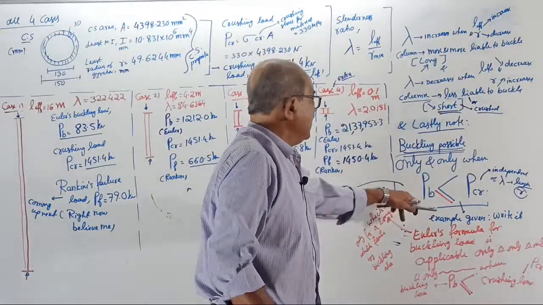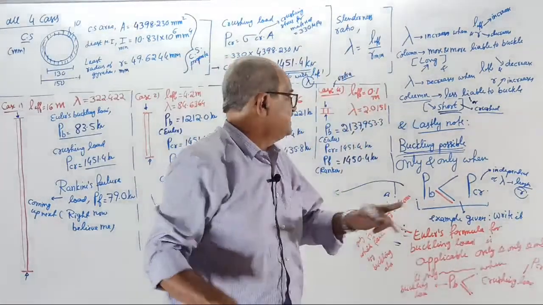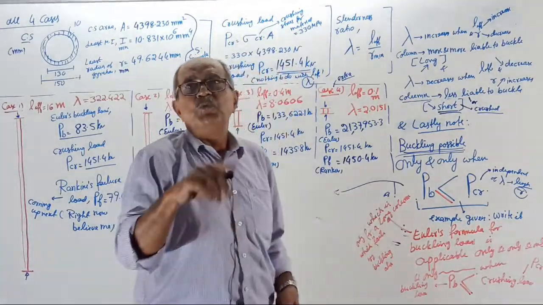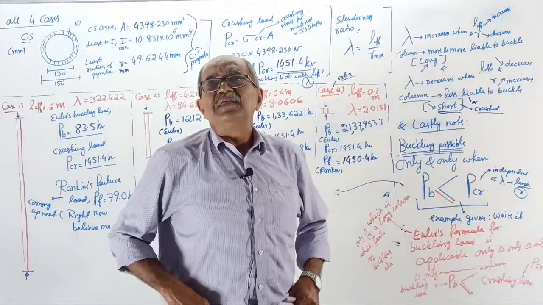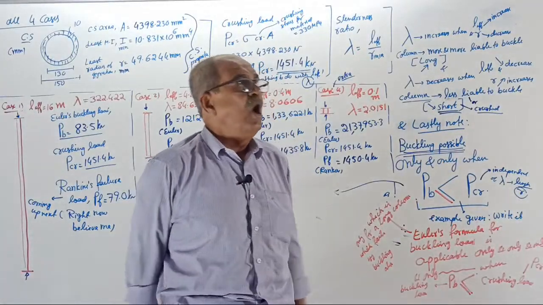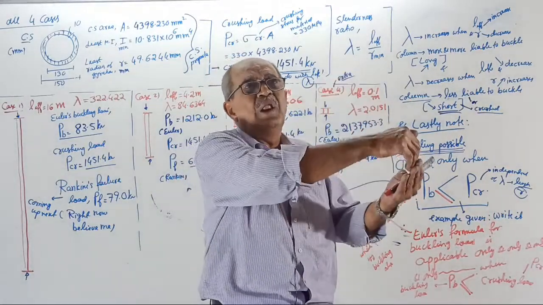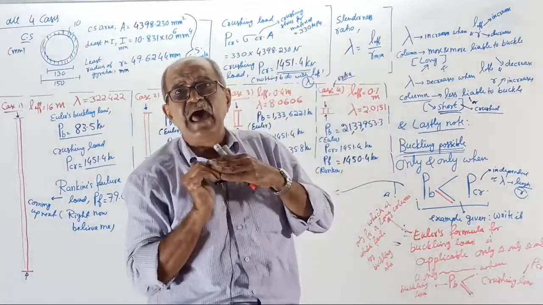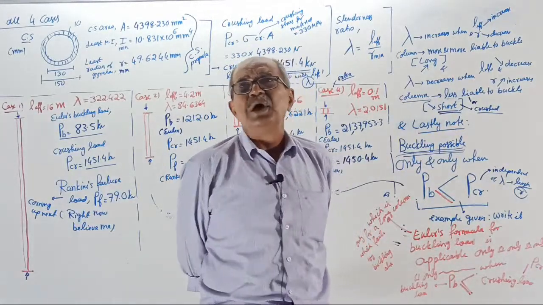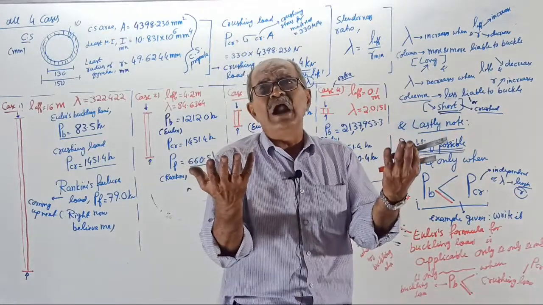Remember, we want the buckling load to be less than the crushing load. You can apply Euler's formula only when it gives a buckling load either equal to or less than the crushing load. Because if Euler's formula gives a buckling load more than the crushing load, then buckling is not possible.